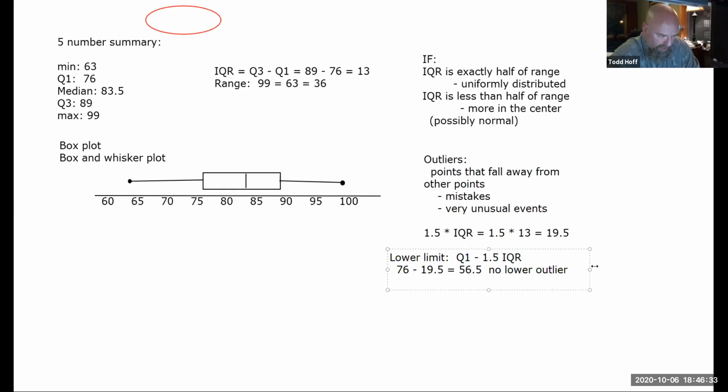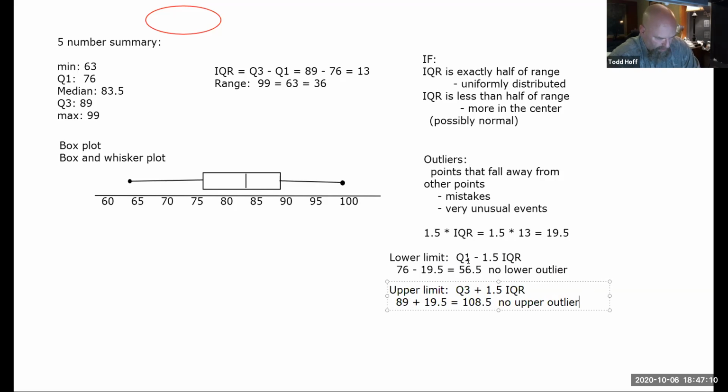There are no lower outliers. An upper limit would be the third quartile plus the 1.5 IQR. So that third quartile is 79, or not 79, 89, I should say, plus 19.5 equals 108.5. Well, there are no numbers above that, so no upper outliers.